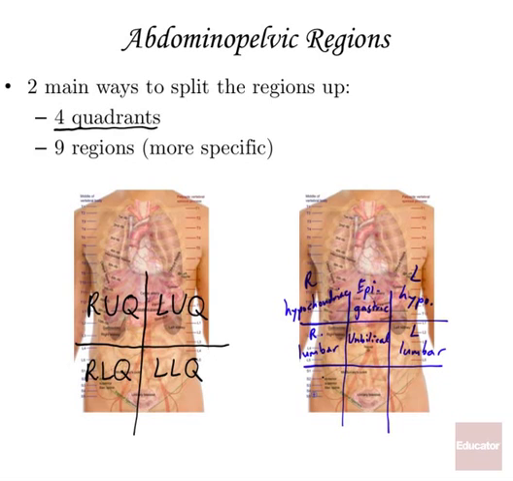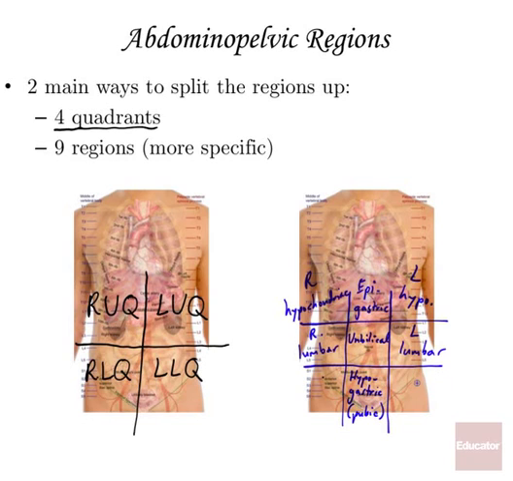And finally, we got 3 left. This one down here, you can call the hypogastric or pubic region. It's below or really inferior to where the stomach is and most of your digestive organs. Hypogastric can mean that, or we can also call it the pubic region. And it's obvious why that is.